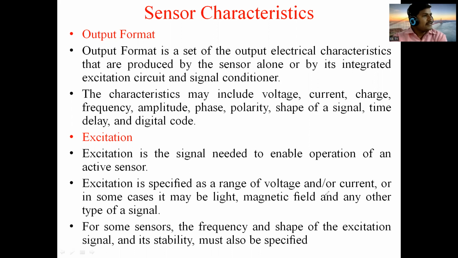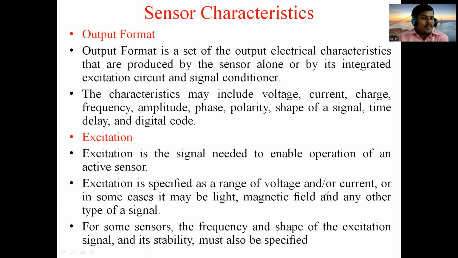To enable the operation of an active sensor, we need to give some external source, like a current source or voltage source. So this is nothing but excitation. We are providing one extra, external signal to enable the operation of that sensor, right? So this is nothing but excitation.